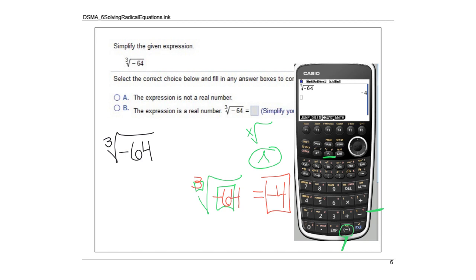Okay, so 64 is one of those rare numbers that is a perfect square and a perfect cube. It's actually 8 times 8, so it's a perfect square. It is also 4 times 4 times 4. It's a perfect cube. And in this case, it would be negative 4 times negative 4 times negative 4.